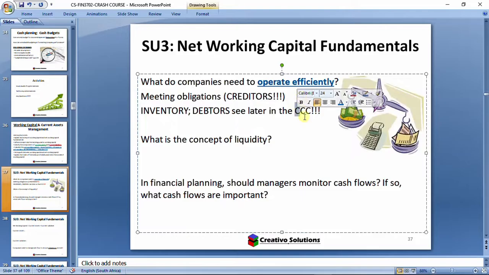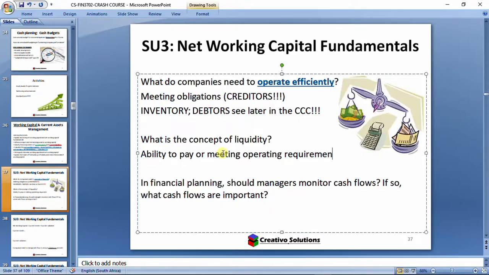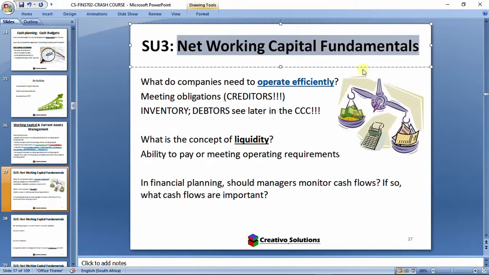The concept of liquidity you spoke about earlier is the ability to meet operating requirements. Can I sell that inventory quick enough so I can continue operating? Can I collect debtors quick enough? Do I have enough money available to pay my creditors quick enough so they don't charge me interest or penalties or fees? I know you know what liquidity means, I just want to highlight it, because this section is about working capital.